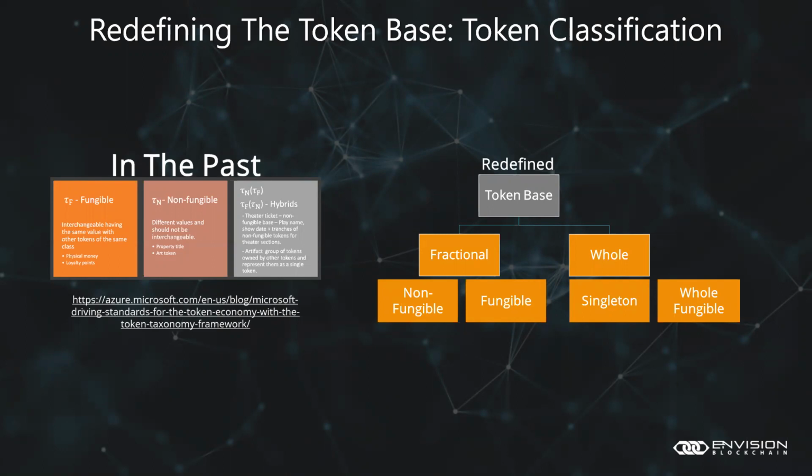We actually break it down into whether it's fractional or whole, because you can have non-fungible and fungible fractional tokens. Likewise, you can have whole fungible or singleton token bases. And the reason why this happened is we realized that we needed to reduce the data duplication that we were talking about just before.